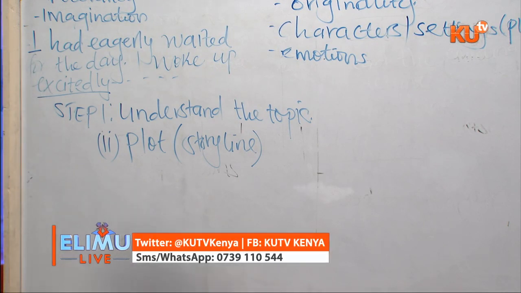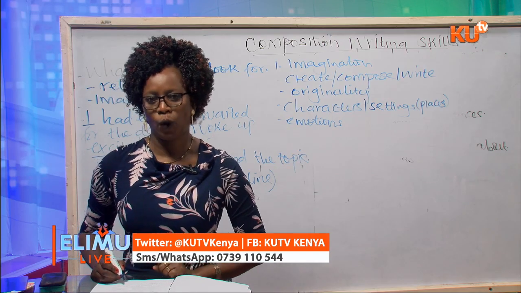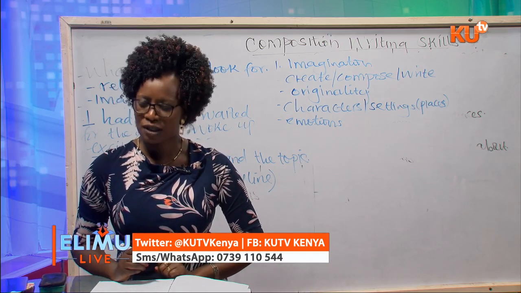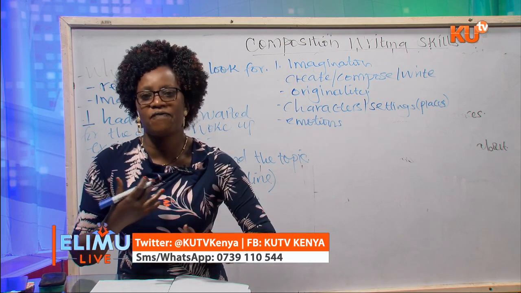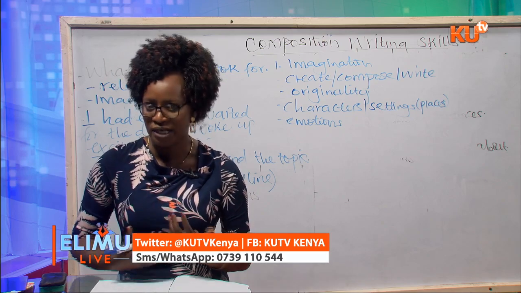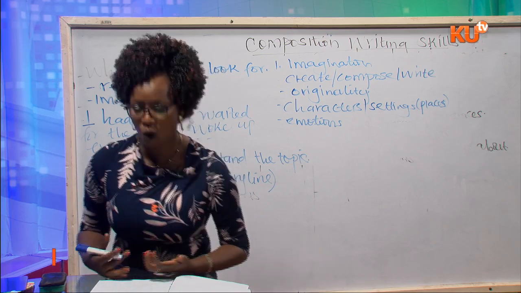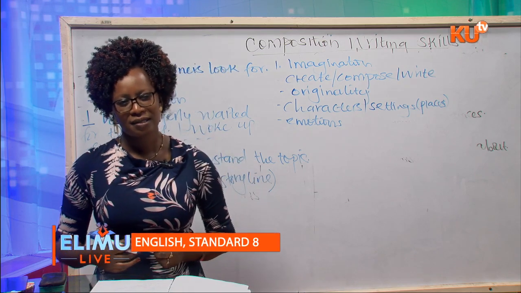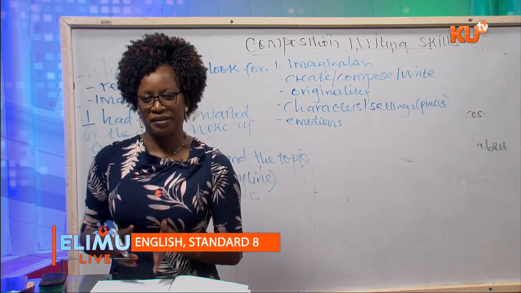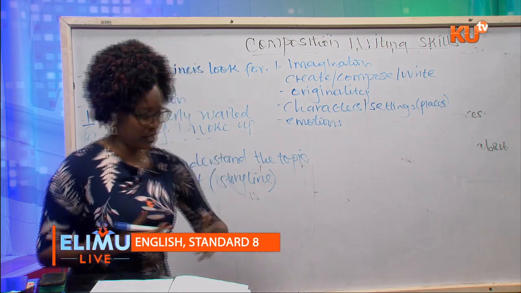You are going to come up with your storyline or your plot. What is plot? A plot is the series of events in the story. A series of events in the story. What are these events in your story?